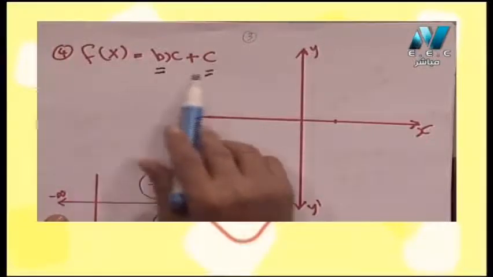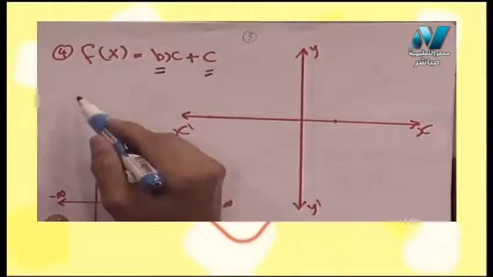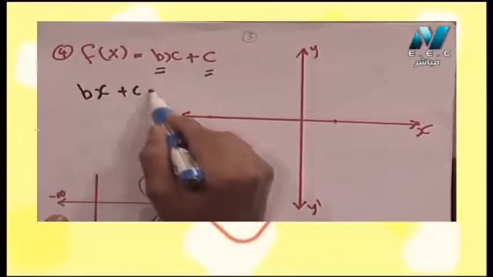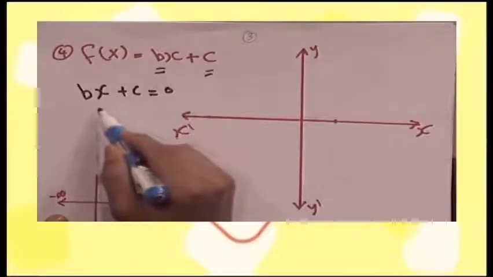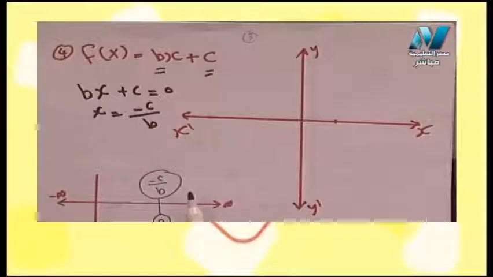If you would like to find out in what domain or part of x the function is negative or positive, we put bx plus c equals 0 here. So x equals negative c over b. When x equals negative c over b, the function will be 0.